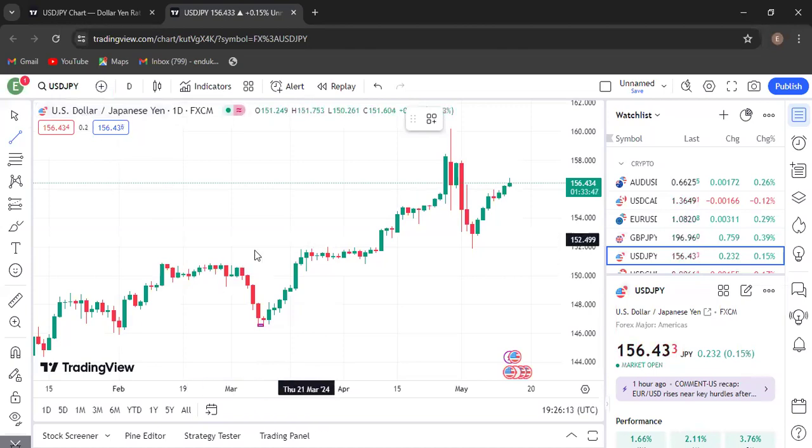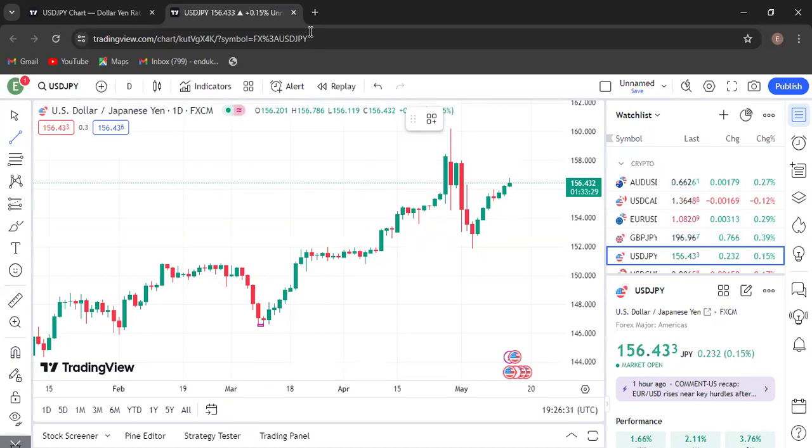You use a trend line to connect lows and highs. That is diagonal. You use a trend line to get diagonal support and resistance. You don't need to get horizontal support and resistance.